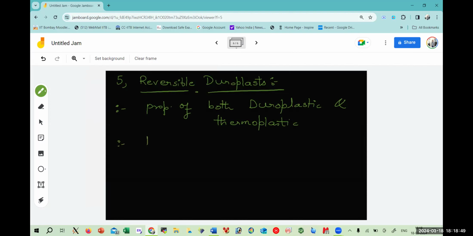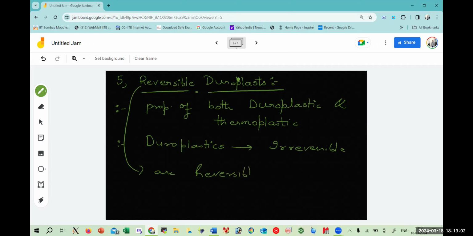Generally, duroplastics are irreversible, whereas these are reversible, as the name suggests itself.